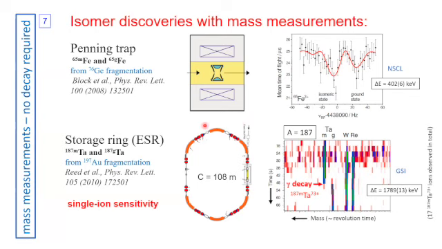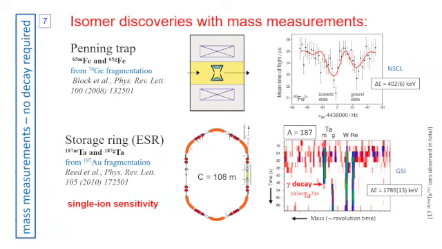And similarly, in the storage ring, but now a very massive device, with a circumference of 108 meters, isomers can be detected without needing their decay. And this illustrates one atom that does decay. One of the remarkable things about storage rings is they can detect single ions as a function of time.